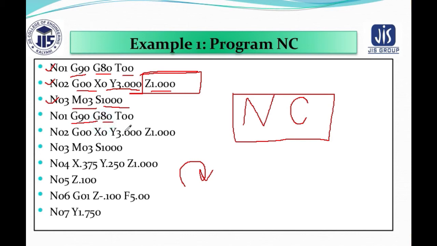G80, what code is it? It is your fixed cycle cancel code. After that you have used T0 and you have given M03 also, speed also. Now you are providing the coordinate of every point. You just see the coordinate of every point.